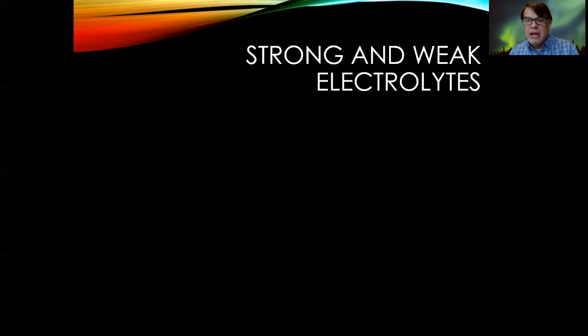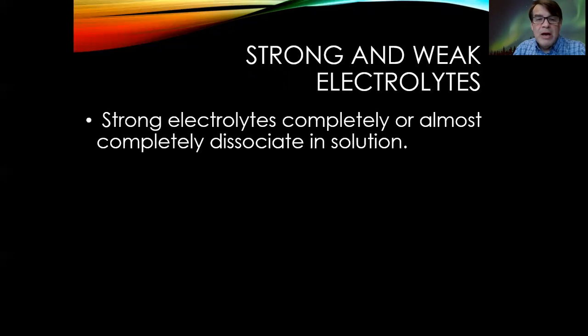A strong electrolyte is one that when it dissolves, it completely breaks apart. A weak electrolyte is one where, well, I'm not sure I want to divorce you or not. I'm going to stick around a little bit. Horrible analogy. Please forgive me. This is personal. It's very important. Anyway, strong electrolytes completely or almost completely dissociate, break apart in solution.